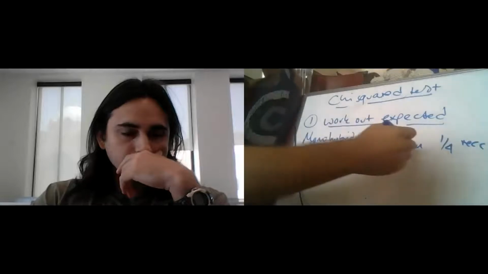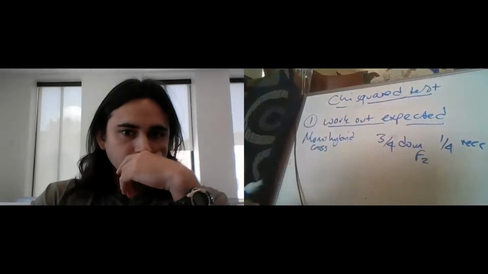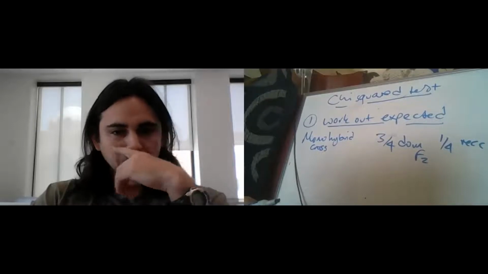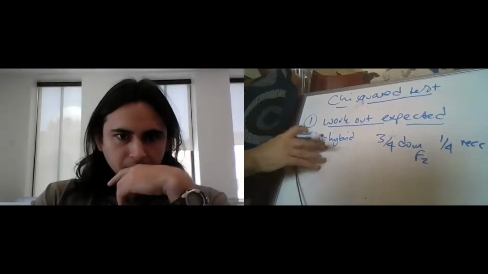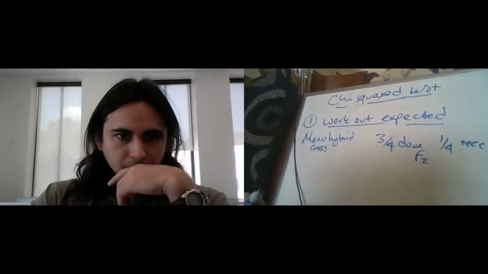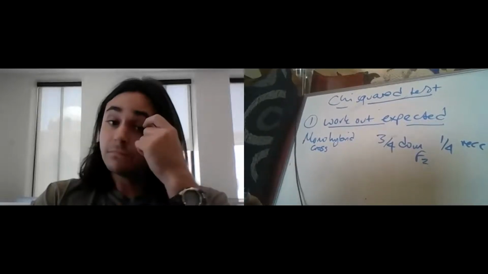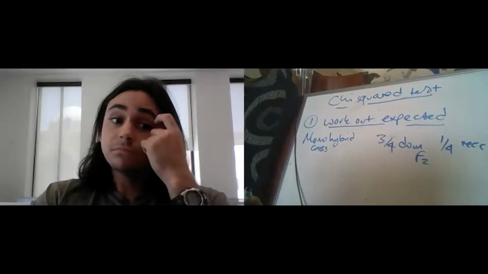Based in the F2. Based on our knowledge of Mendelian inheritance and how a monohybrid cross is structured. So you have to start with your hypothesis and the predictions that that hypothesis generates. Does that make sense?